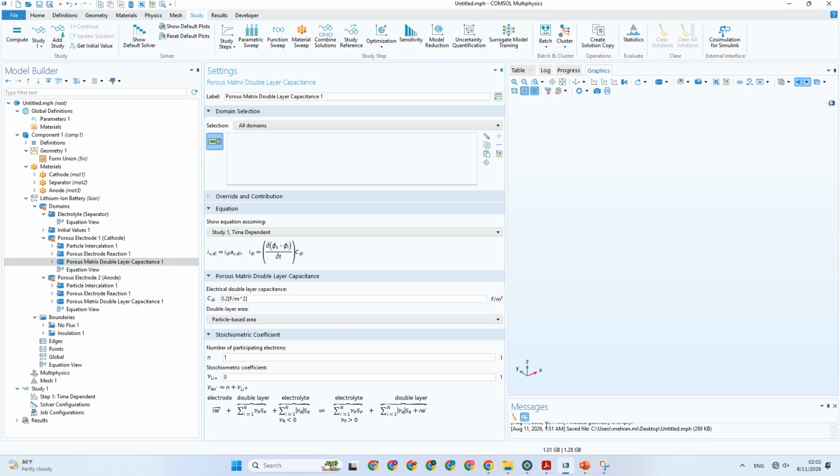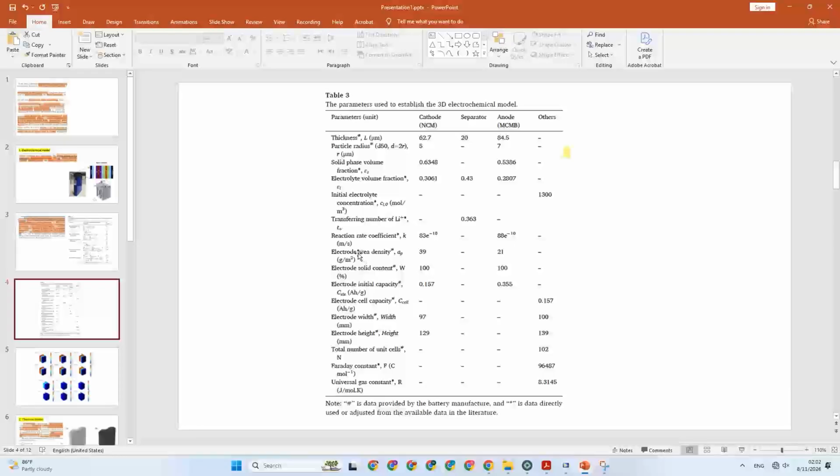Okay, I don't know where the electrode area density is. It is area density. Let me find it.